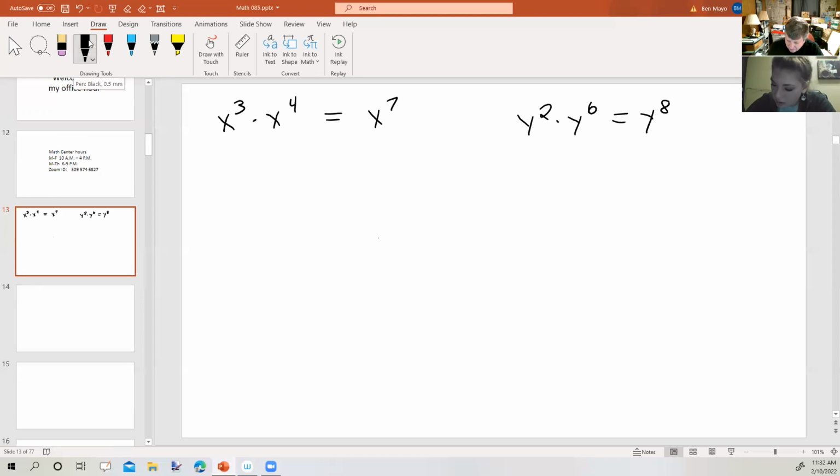In general, a to the m power times a to the n power equals a to the m plus n power. So again, if you are multiplying two powers with the same base, you add the exponents. Any questions about that?